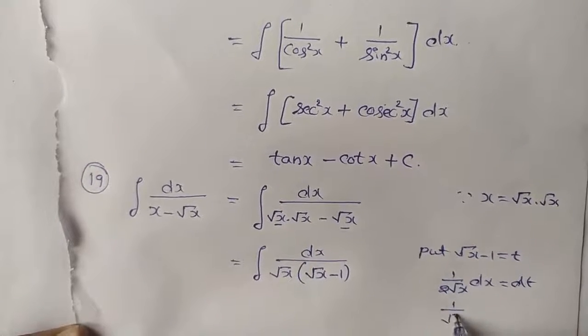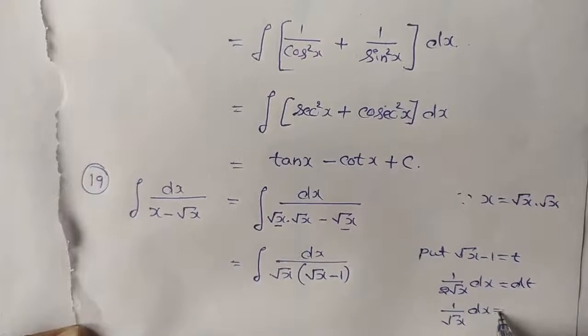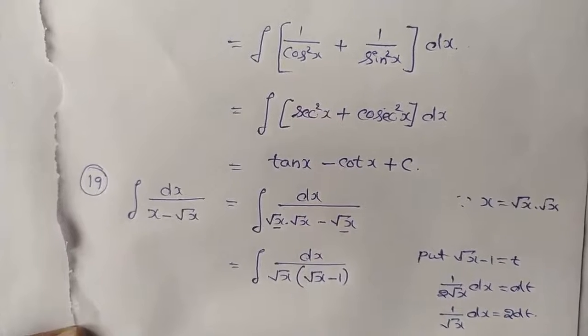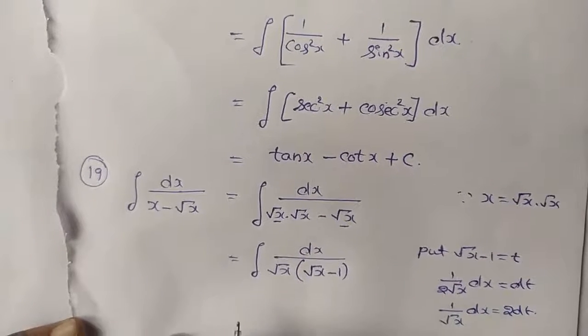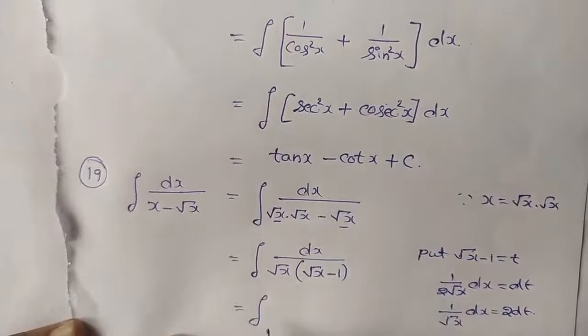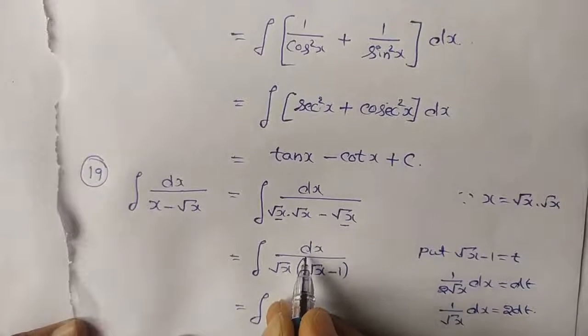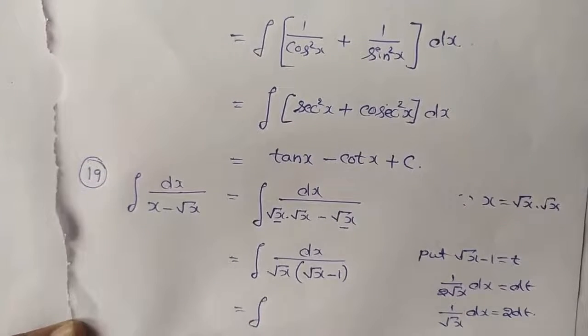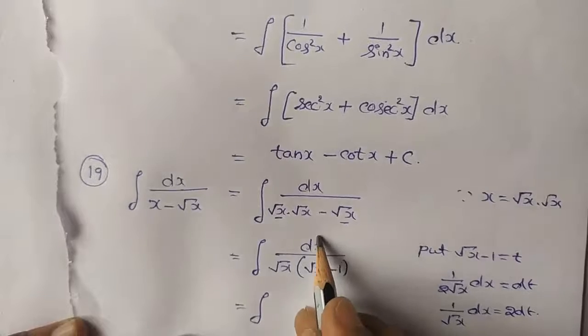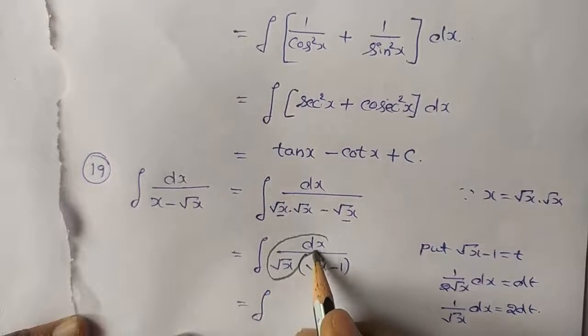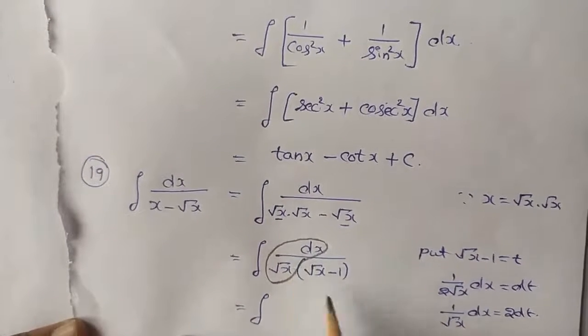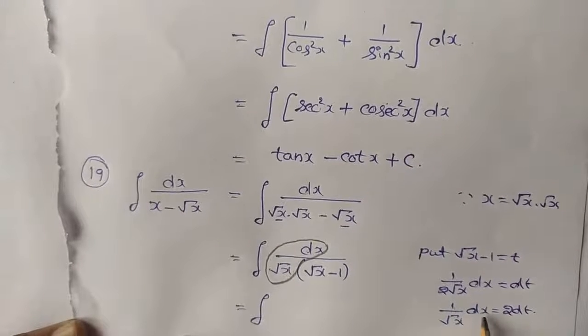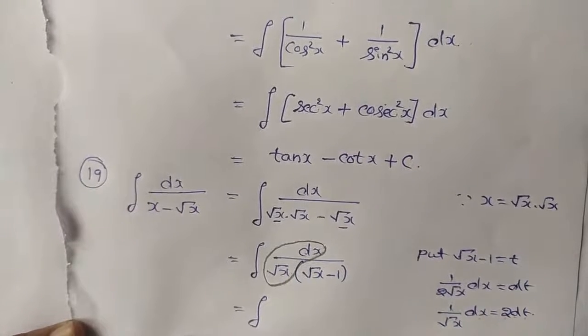So 1 by root x into dx equals 2 into dt. Let us apply this in this integration: 1 by root x into dx can be written as 2 into dt.